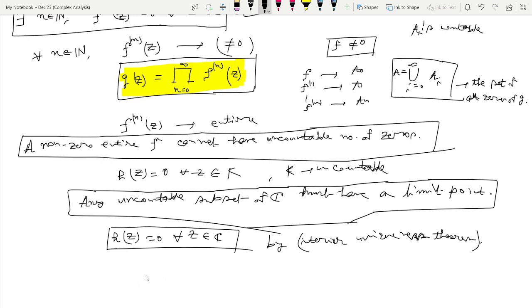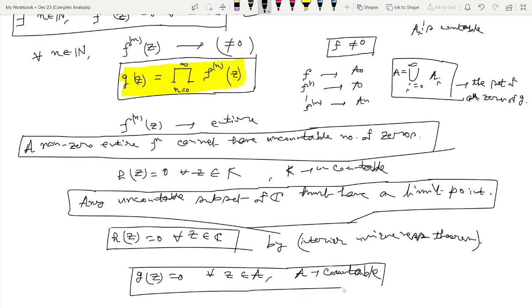So now we have g(z) = 0 for all z belongs to A, where A is a countable set. So the set of all zeros of g is countable.